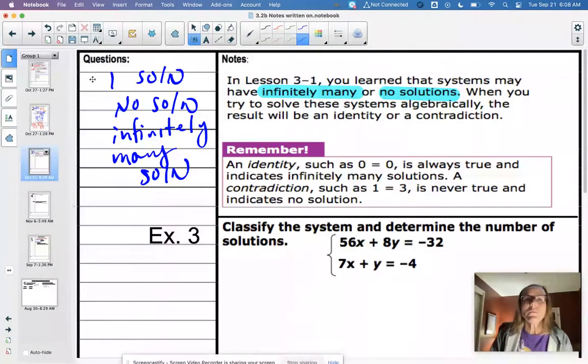When looking at a graph, it's pretty evident that one solution is where they intersect, no solution goes with parallel lines, and infinitely many solutions mean it's the same line, coinciding lines.